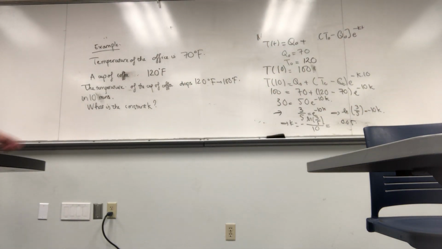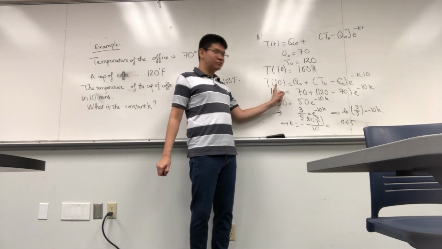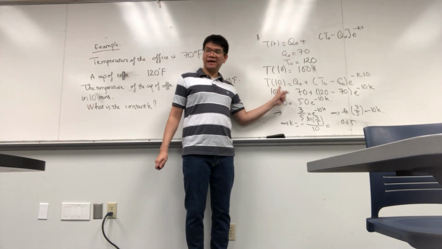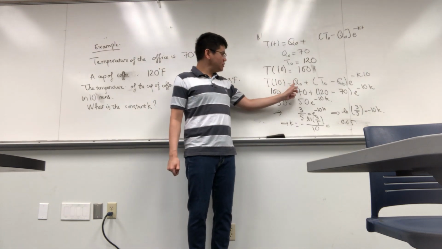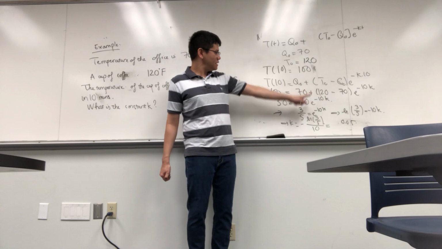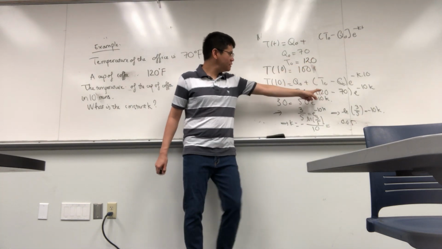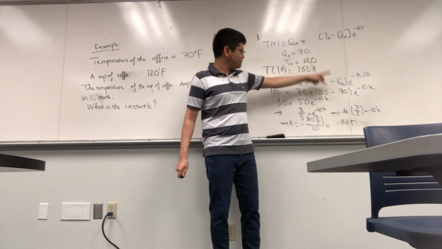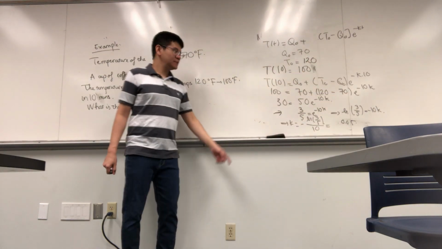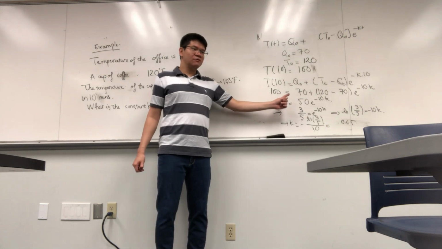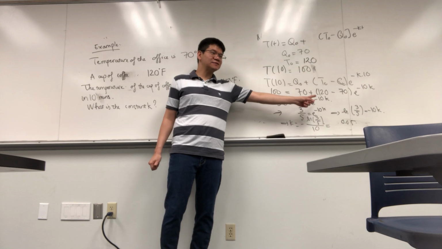I'll explain again. We're going to use the formula. We're going to put the number 10 here, which is 10 minutes. So T of 10 will be 100. T0 will be 120. Q0 will be 70. And here we have e to the power minus 10k, meaning that 30 is 50 e to the power minus 10k.